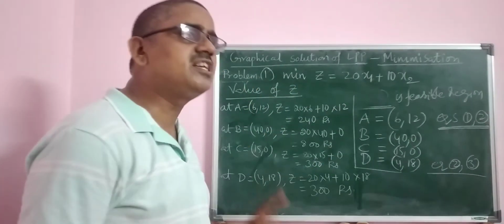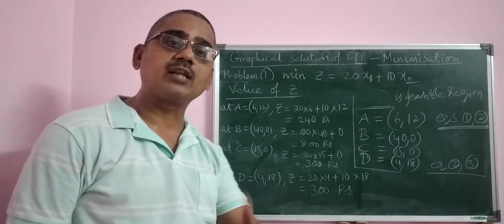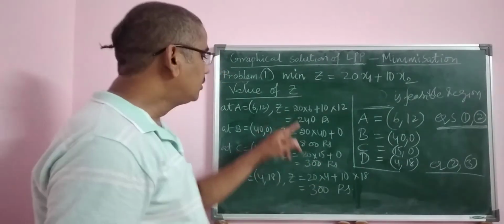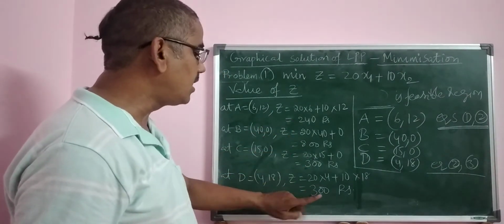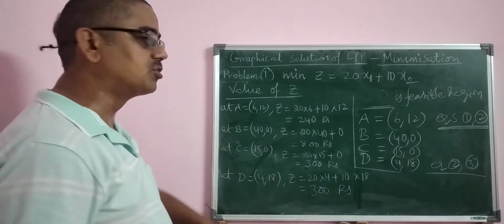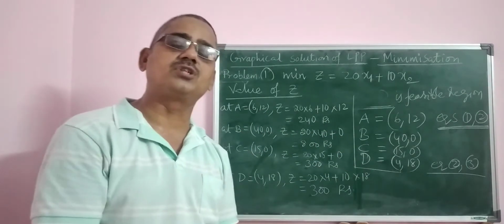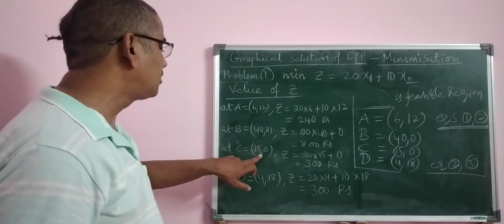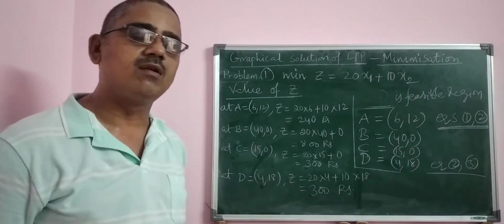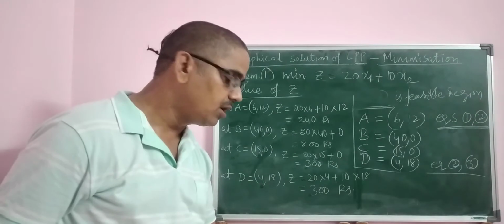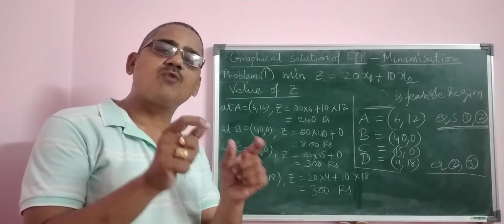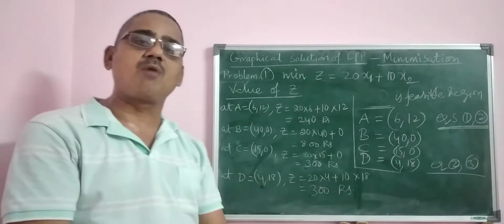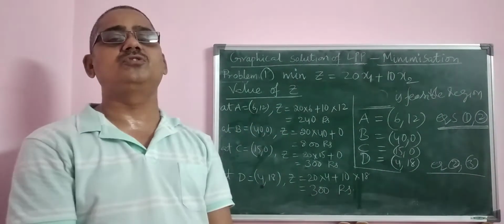These are all basic feasible solutions. You have to get the optimum basic feasible solution. Remember, this is the comparison: 240, 800, 300, 300 at the x1, x2 values (6, 12), (40, 0), (15, 0), (4, 18), which are all basic feasible solutions. Now you have to select the one solution which gives the minimum value in this problem; that is called the optimum basic feasible solution.